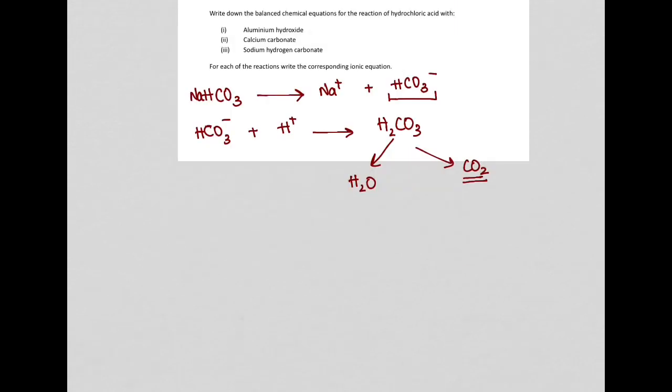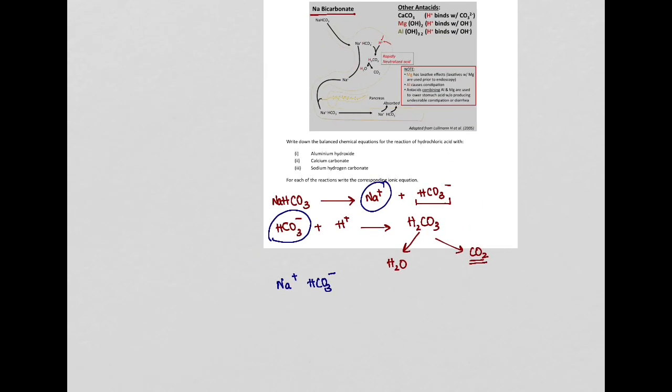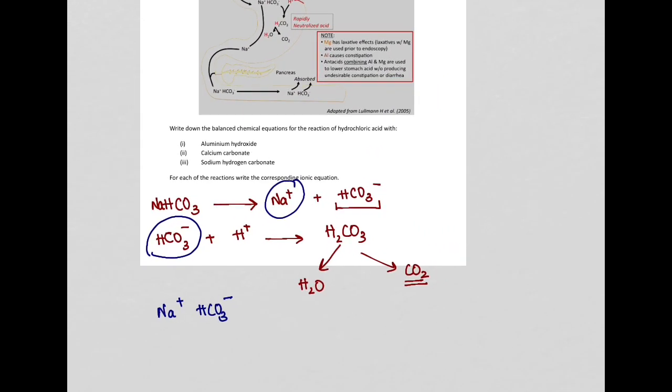Now, if there is any excess antacid in the stomach, so we have the Na plus and any excess hydrogen carbonate, HCO3 minus, this is going to combine again, and these are going to be absorbed by the body.